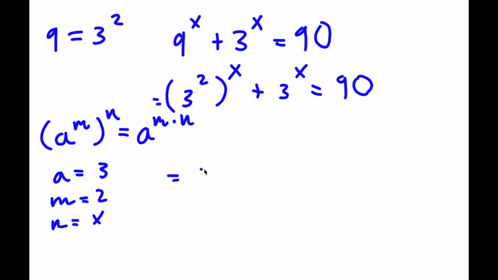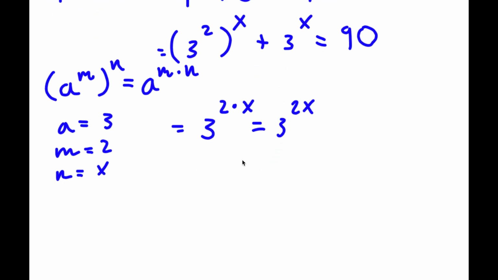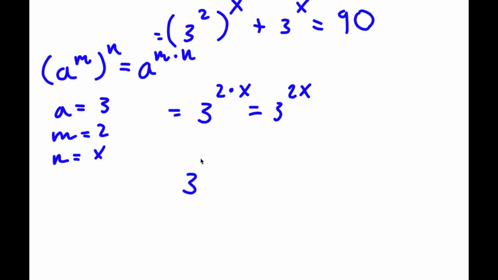So this will equal 3 to the power of 2 times x, which is the same thing as 3 to the power of 2x. So now I have 3 to the power of 2x plus 3 to the power of x is equal to 90.